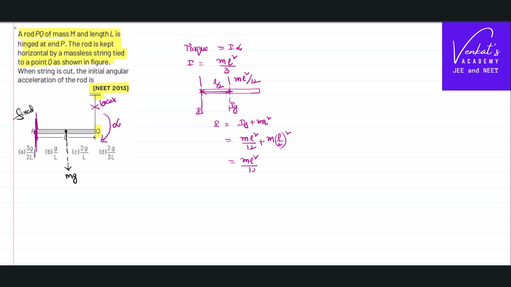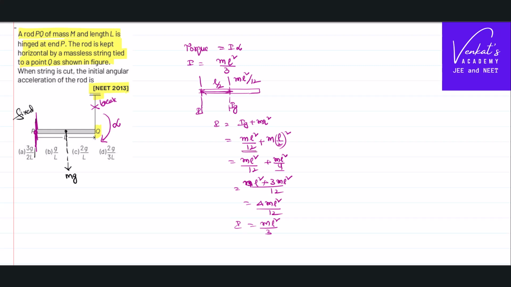So ML square by 12 plus ML square by 4. 12 is the LCM, so ML square stays here, and 4 goes 3 times, so it is plus 3 ML square. So 4 ML square by 12, that is ML square by 3. The moment of inertia has to be calculated that way.